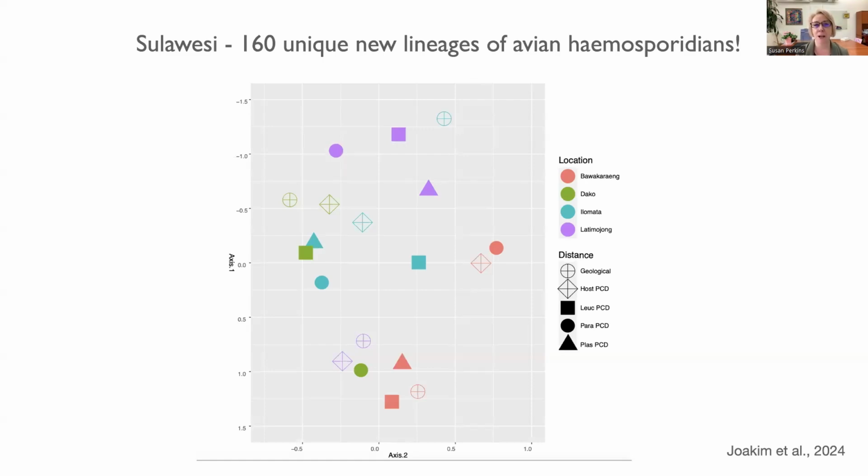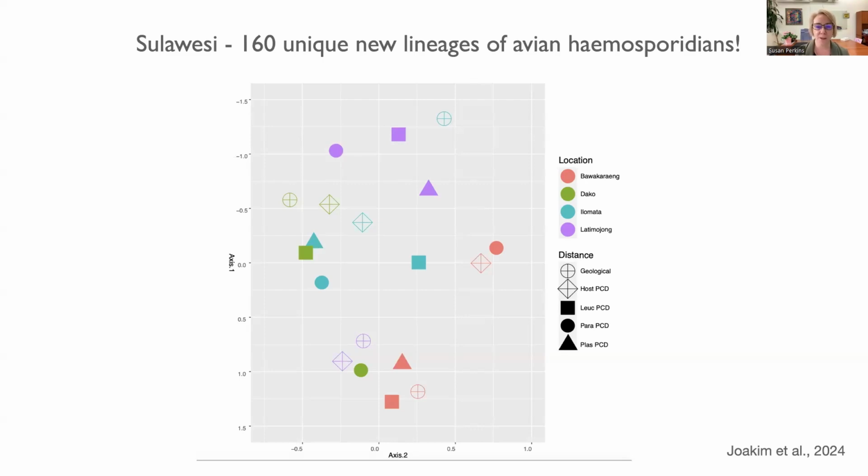Sulawesi has been drastically understudied, particularly with parasitology. And my student, Rachel, who did several additional expeditions and sampled birds, her dissertation revealed 160 new lineages. So probably 160 new species of avian malaria parasites.